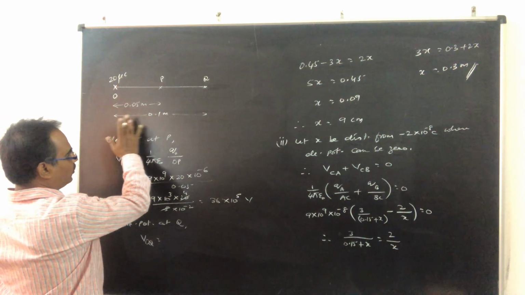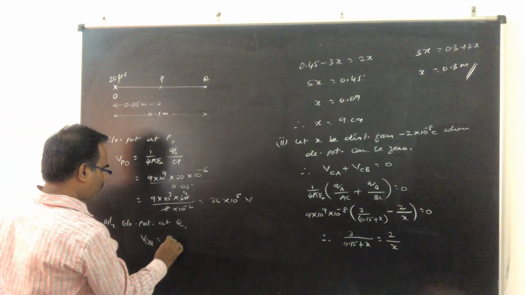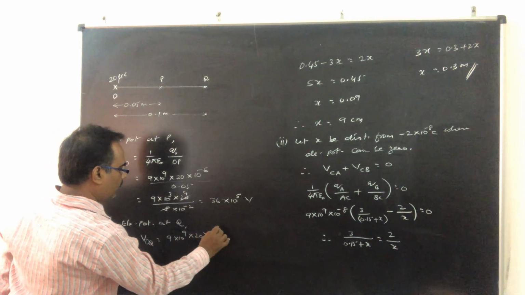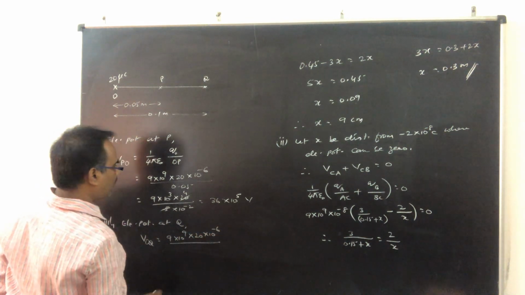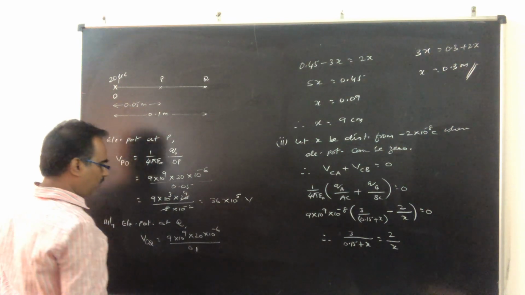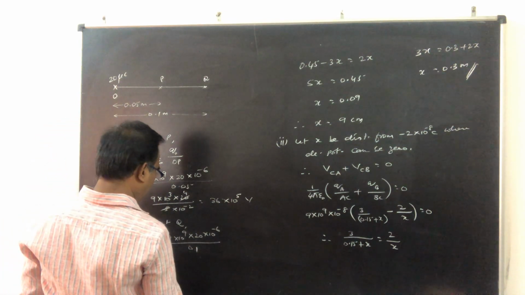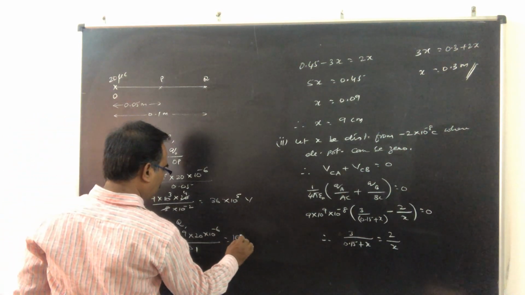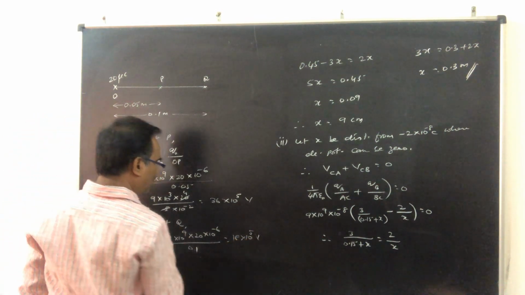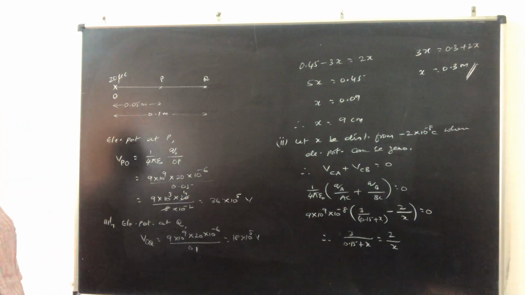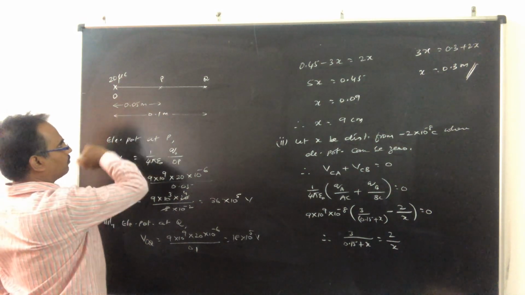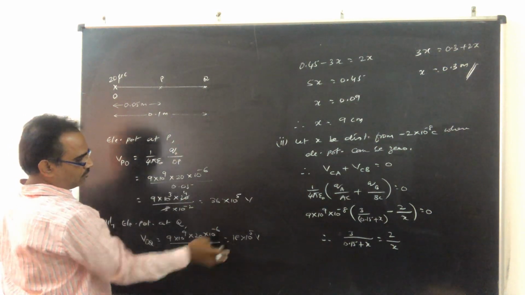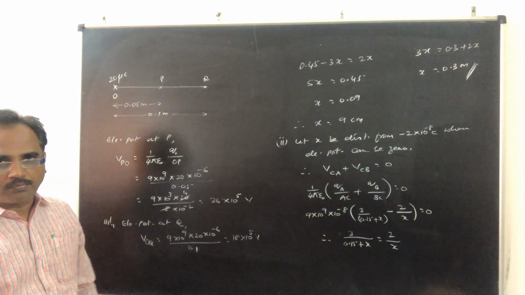So if you do the substitution, 9 into 10 to the power of 9, 20 into 10 to the power of minus 6 divided by 0.1. So if you do this calculation, you will get 18 into 10 to the power of 5 volt. It is very simple. Charge is same. The distance being doubled, potential becomes half. So it becomes 18 into 10 to the power of 5.